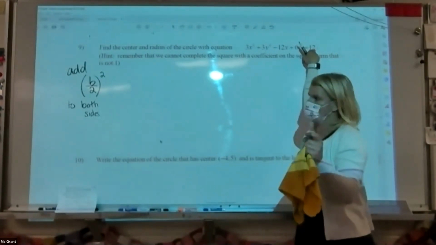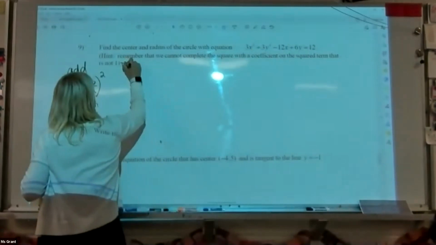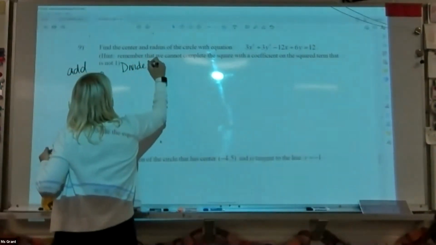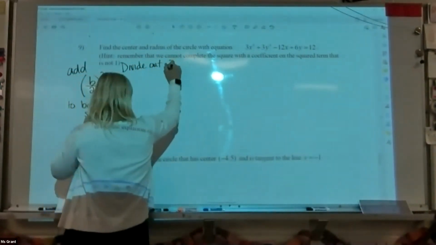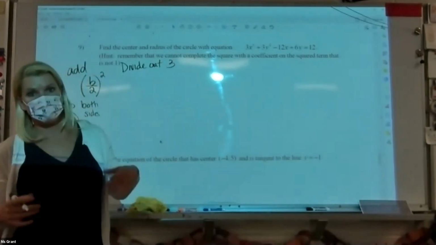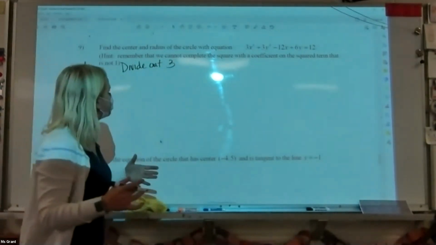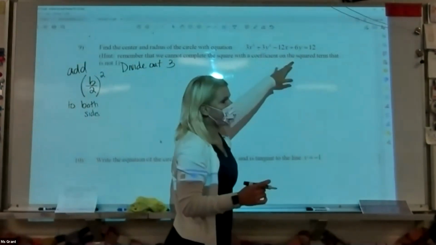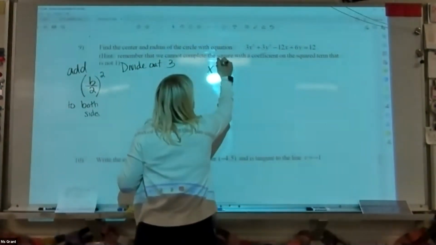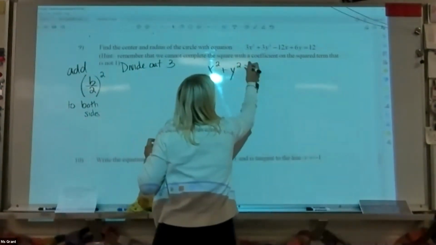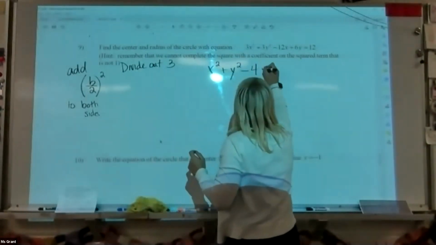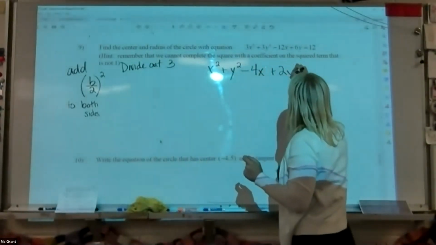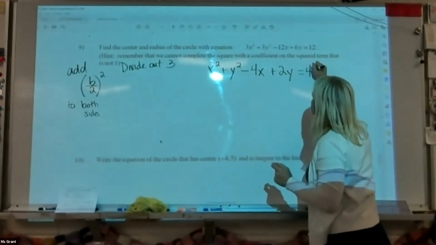So I'm going to divide out the 3. It's still going to be an equivalent equation. But when I divide out 3, I get x squared plus y squared minus 4x plus 2y equals 4.